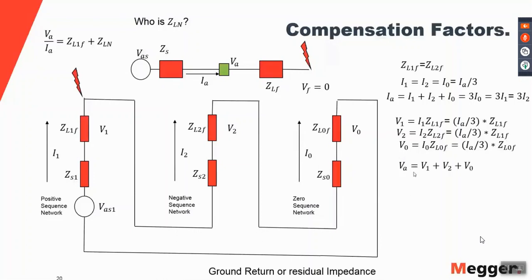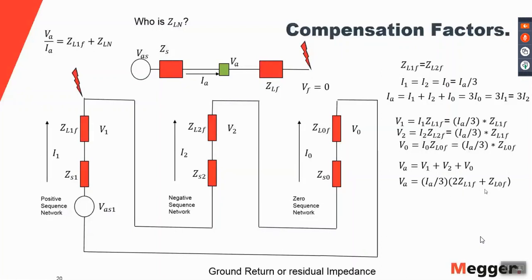So now we can put it all together. VA, the same as IA, equals the sum of the three voltages for the three sequence components. Now, simply by substituting the values of V1, V2, and V0 that we have here on the right-hand side, we can take IA divided by 3 as a common term, and we have two positive sequence impedances and one zero sequence impedance here.